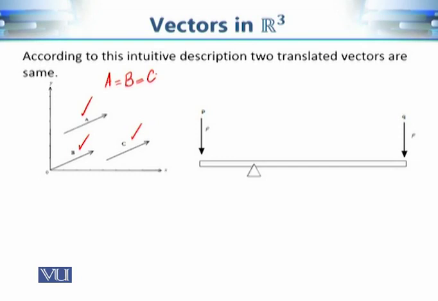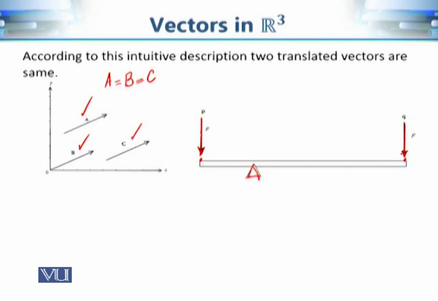But consider a very physical phenomenon where translation of a vector has a different effect. For example, consider this lever. It is based on this point, and we have a force with this magnitude and this direction, acting at this point, let's say P. Now if we translate this force and move it to some other point along this lever, as you can easily imagine, the same force will have a different effect.